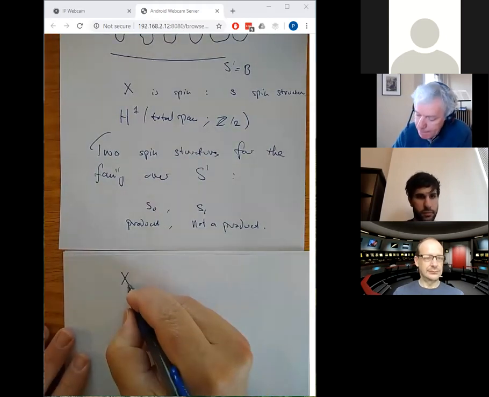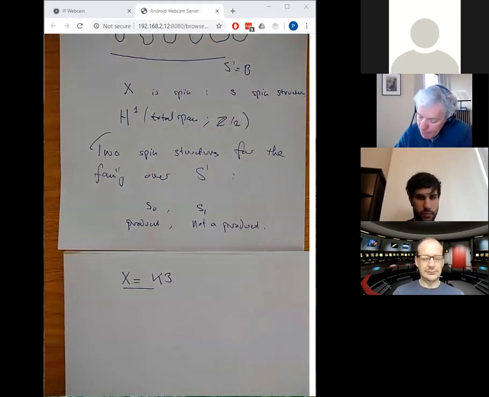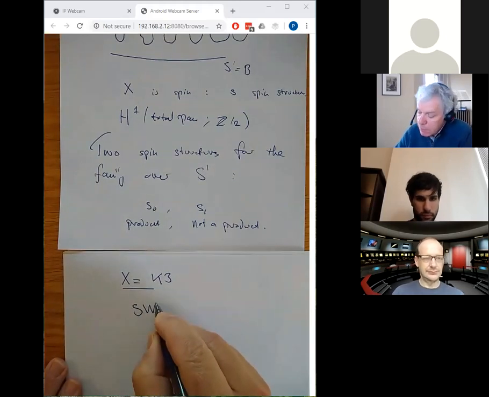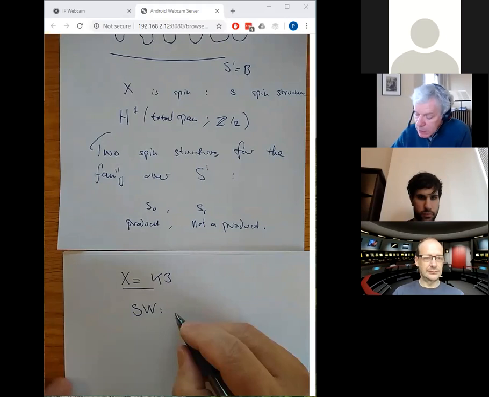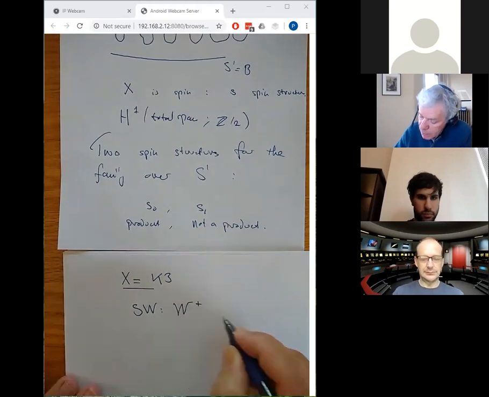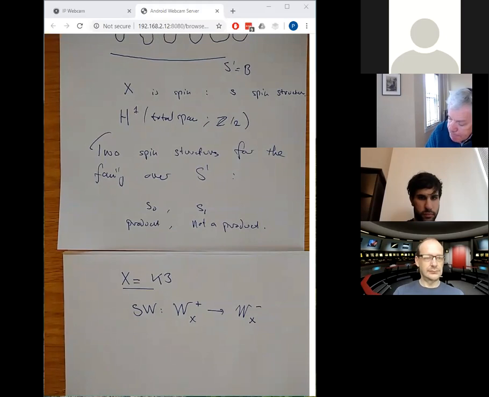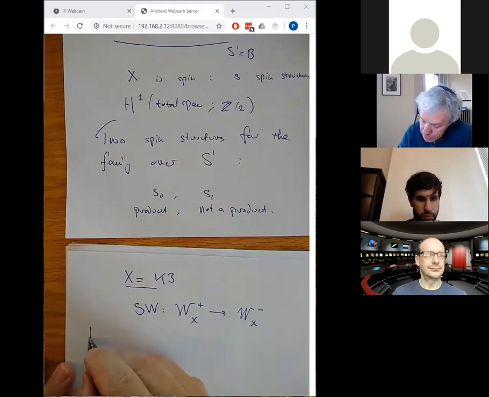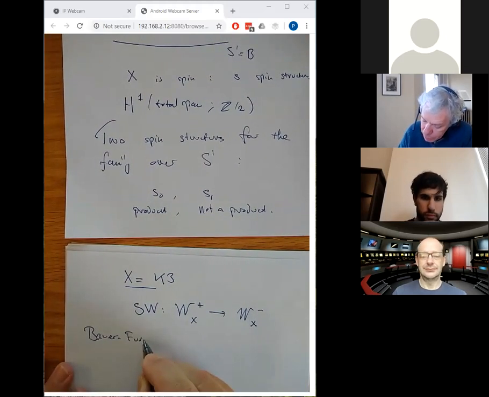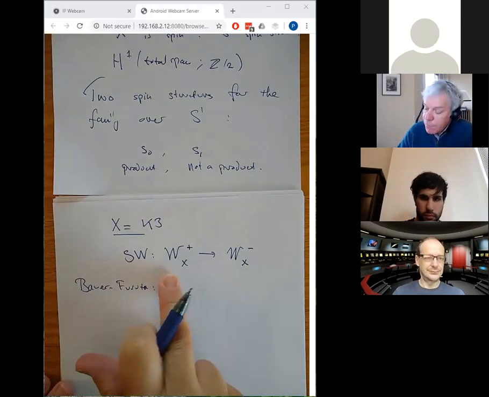So to start with a single K3 surface, Seiberg-Witten theory associates to this, once you've chosen a Riemannian metric, a nonlinear map between two Banach spaces, Hilbert spaces if you like, W plus of X and W minus of X. These are Banach spaces, but the Bauer-Furuta idea is to replace these by appropriately defined large finite-dimensional subspaces.